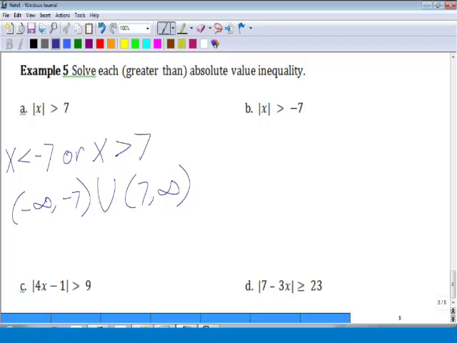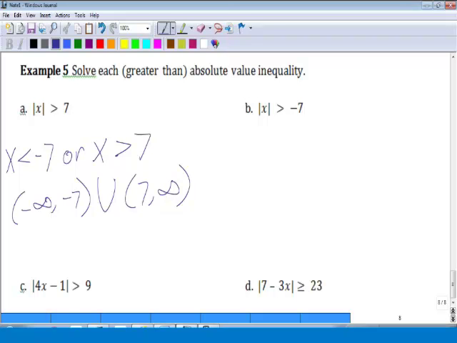Is that greater than -7? All right. Someone think of a number whose absolute value is not greater than -7. So -8. Take the absolute value of -8. That's 8. Is that greater than -7? Yes, the absolute value of -8 is greater than -7.